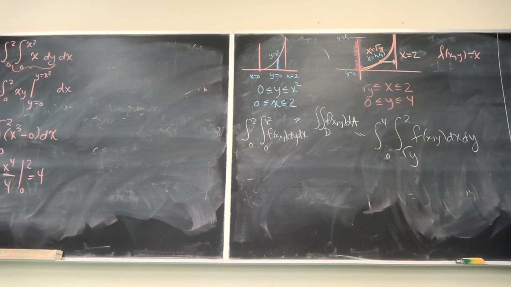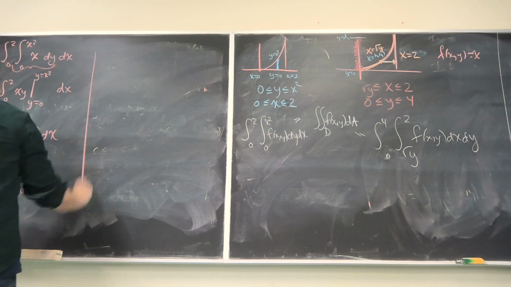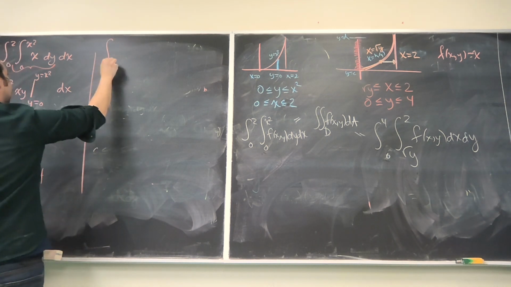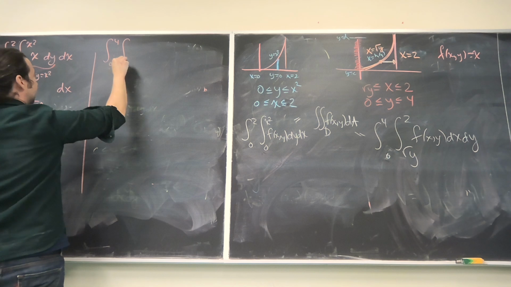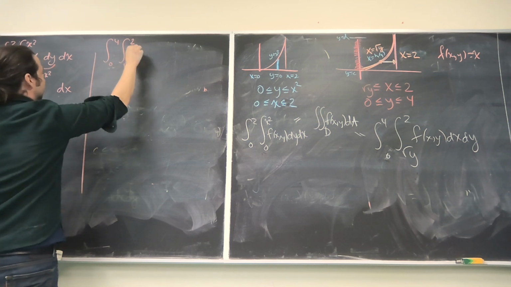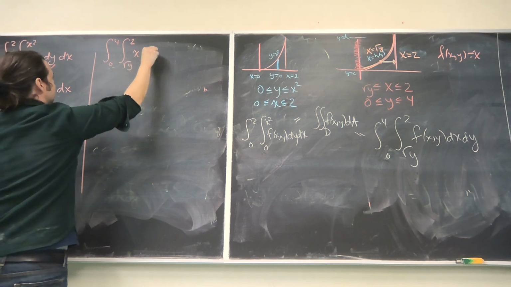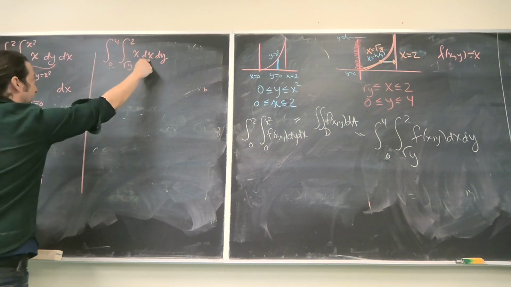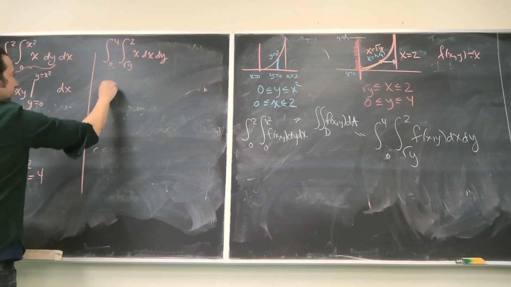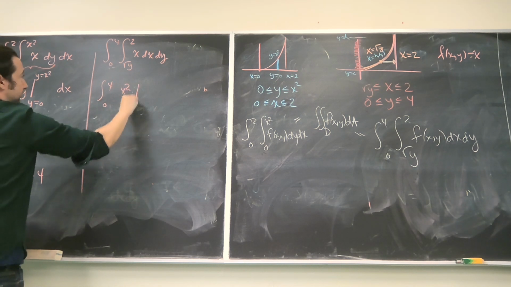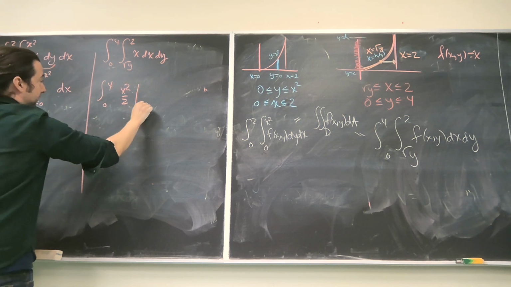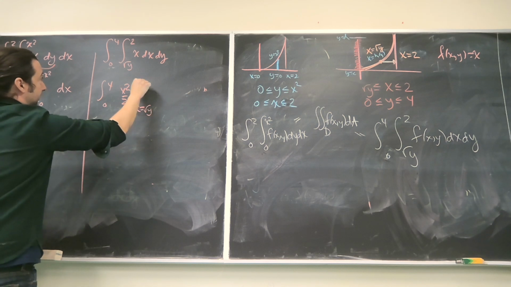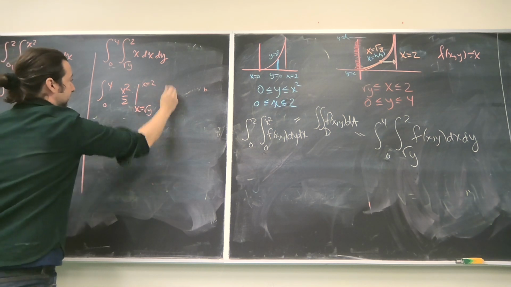Now, if I've done my math correctly, and calculus still works, it should be the case that if I integrate from 0 to 4, integral from root y to 2 of x dx dy, I should get the same number. So this is an x integral this time, 0 to 4, x squared over 2 evaluated from x is equal to root y to x is equal to 2.